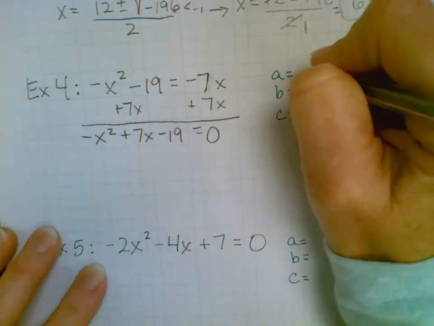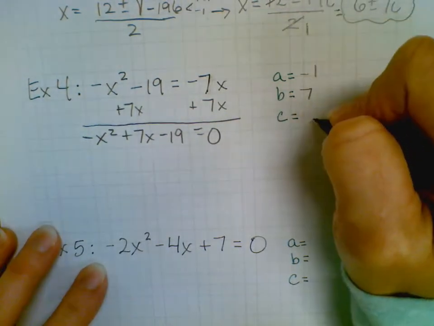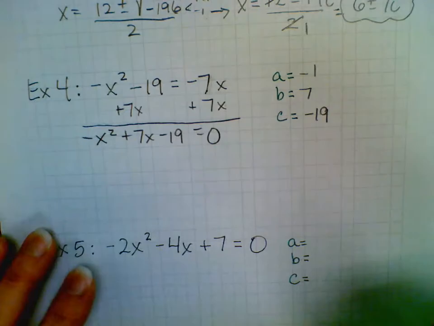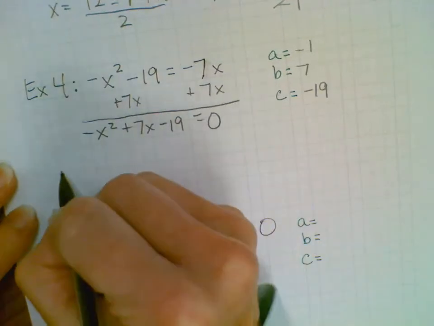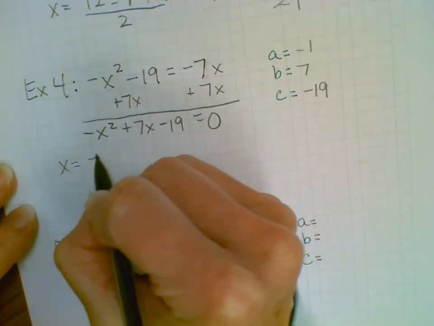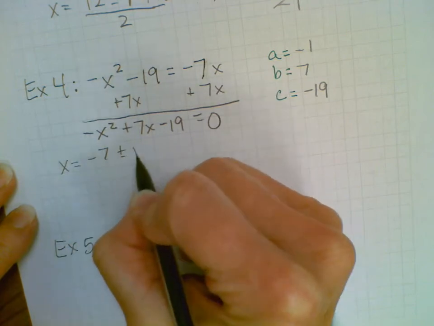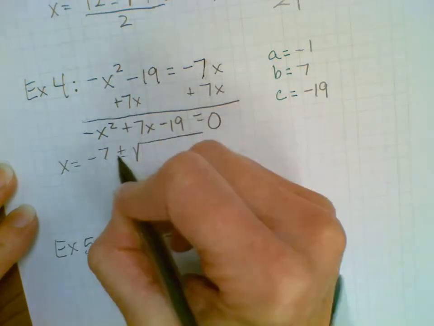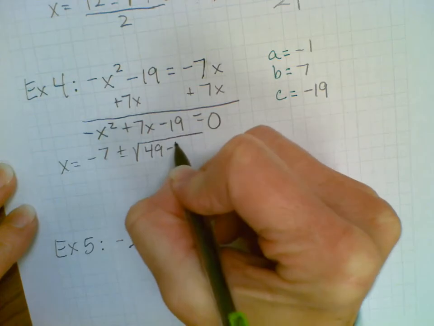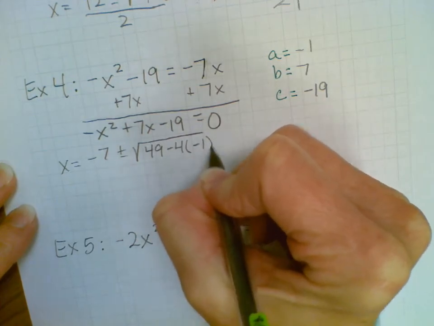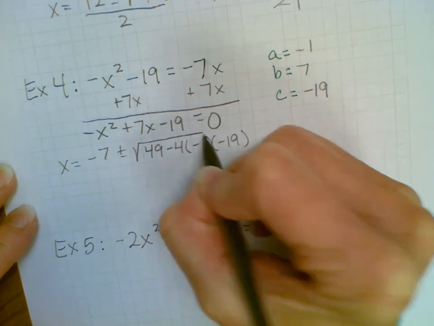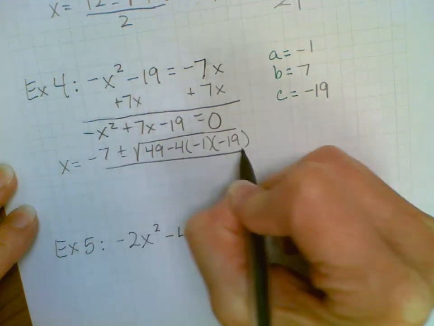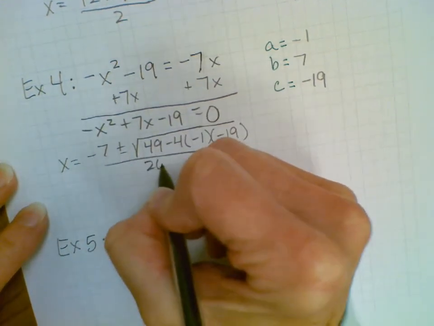So a is -1, b is 7, and c is -19. So plug them in. So opposite of 7. And then 7 squared is 49. Minus 4ac all over 2 times -1.